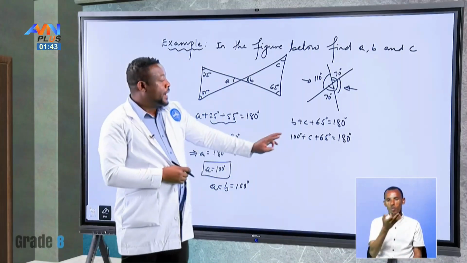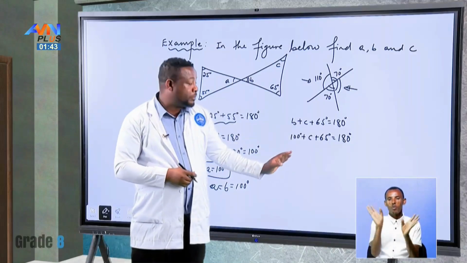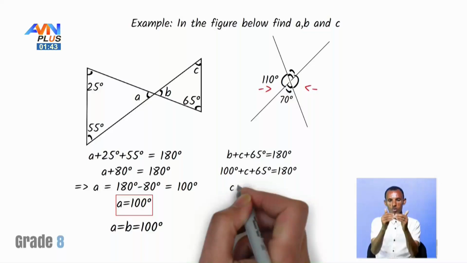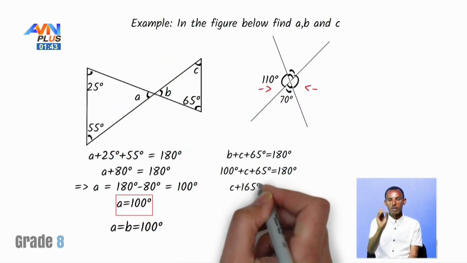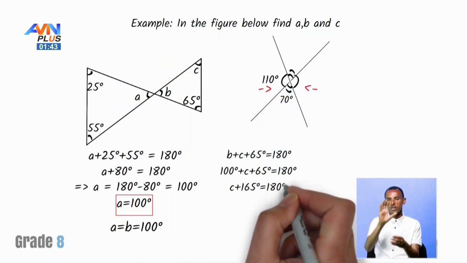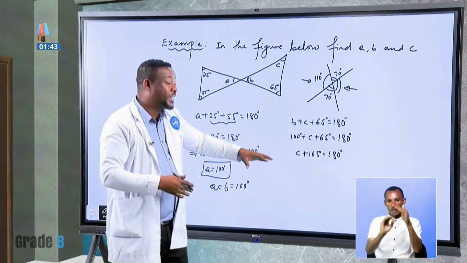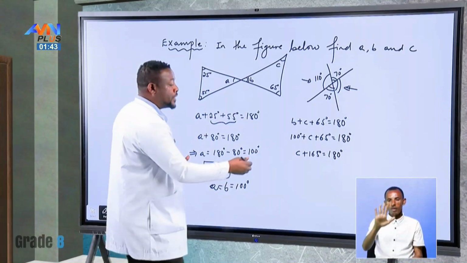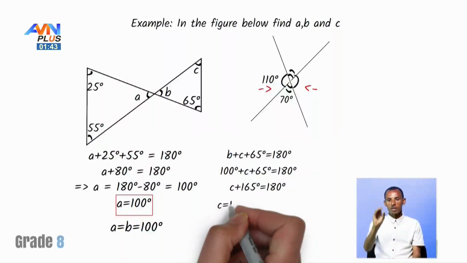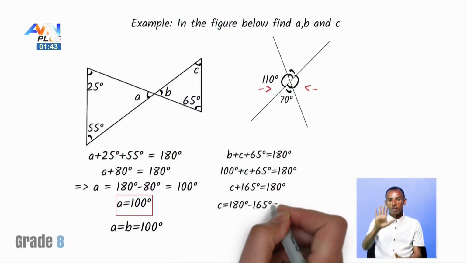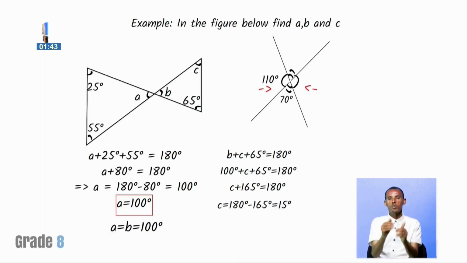Now you can collect like terms. 100 plus 65 is 165. This must be 180 degrees. Taking 165 to the right side and subtracting, C becomes 180 degrees minus 165 degrees, and this difference is 15.